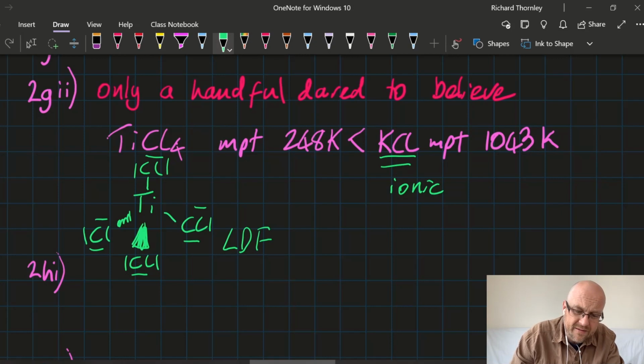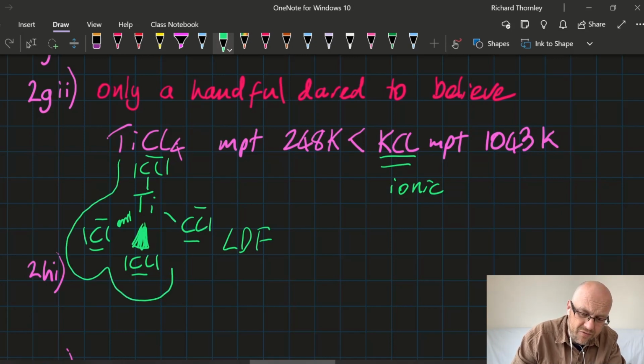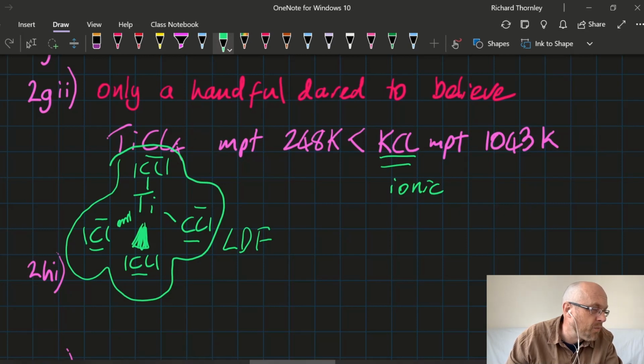So this is a simple molecule, simple molecular structure, which has weaker intermolecular bonds. They didn't ask, you didn't have to specify what the weaker intermolecular bonds were between the molecules. Okay, except specific examples, such as London.